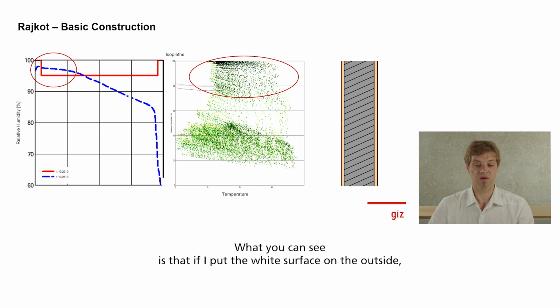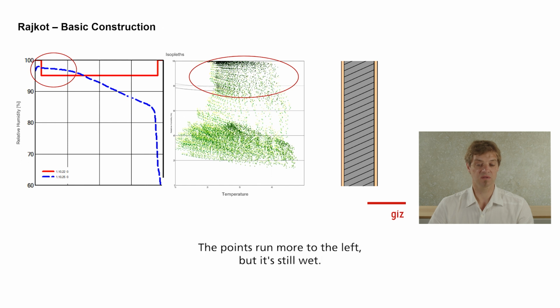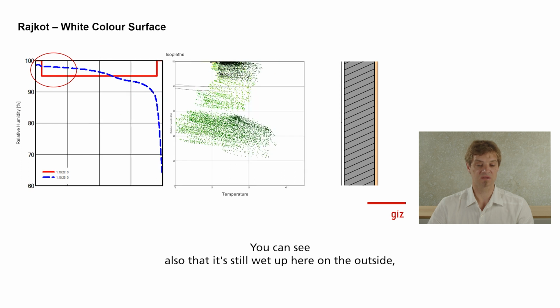What you can see here is that if I put a white surface on the outside, the temperature is not that high, so the points run more to the left, but it's still wet. You can see also that it's still wet up here on the outside. The inside is still dry, but the outside is quite wet to a depth.